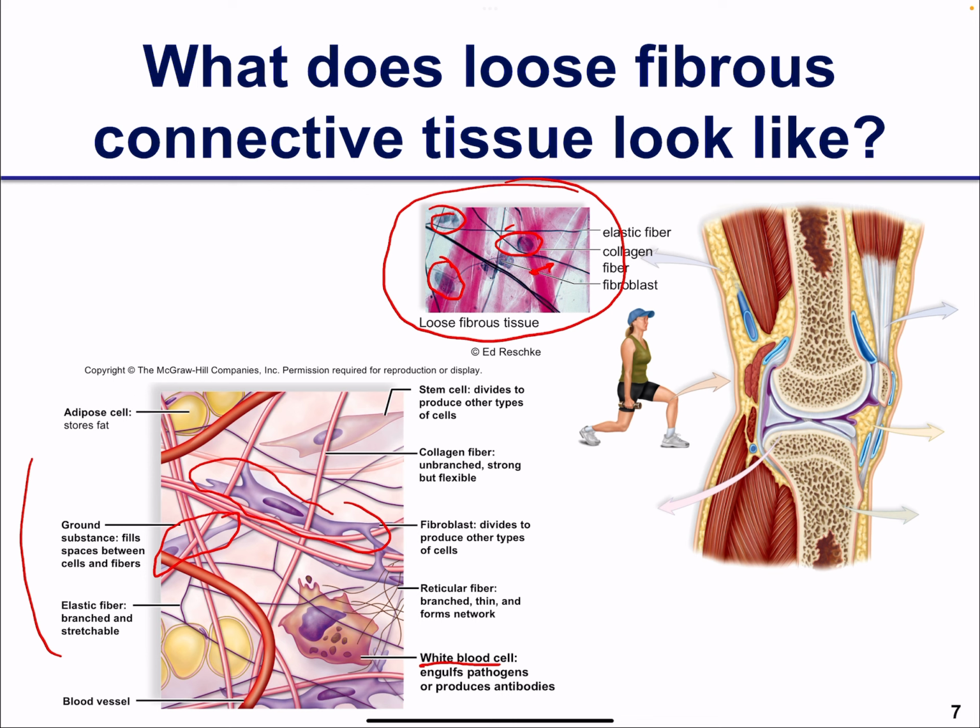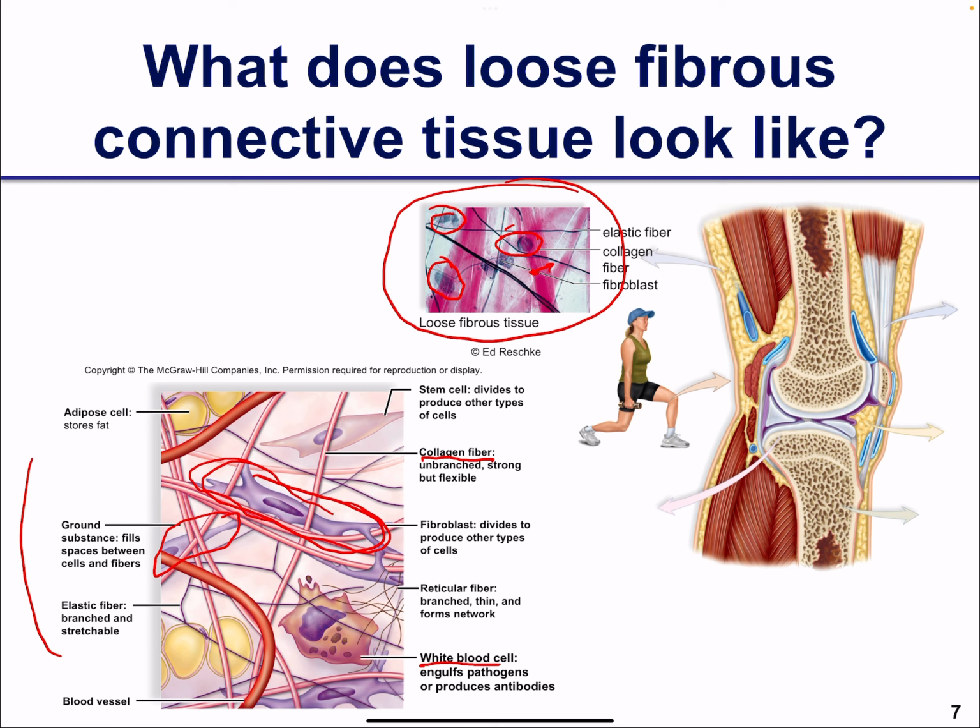All right? The fibroblast here are the cells that manufacture all the extracellular matrix that is found making up that loose connective tissue. So all these collagen fibers are made by the fibroblast, right?